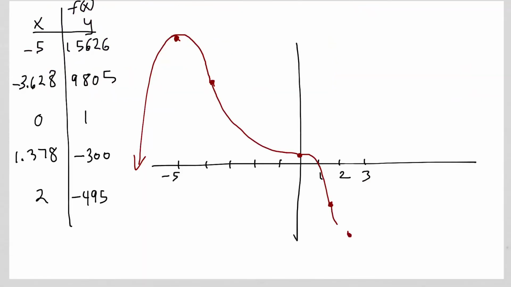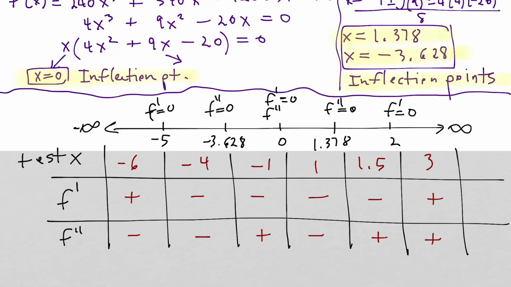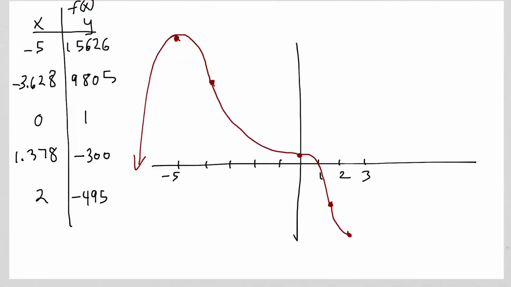So smile. And then the last interval is between 2 and infinity. I'm uphill, concave up. All right, so that's the shape of my graph.